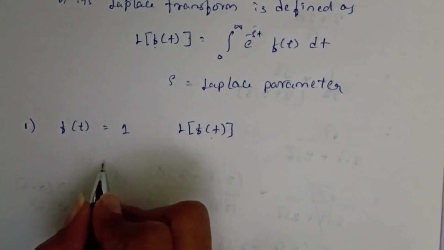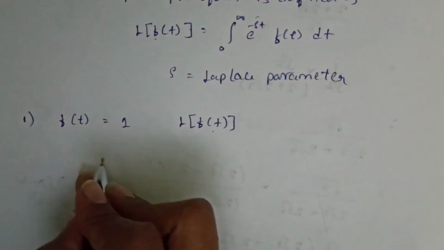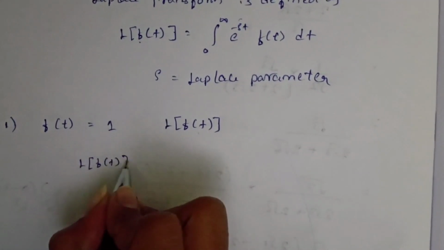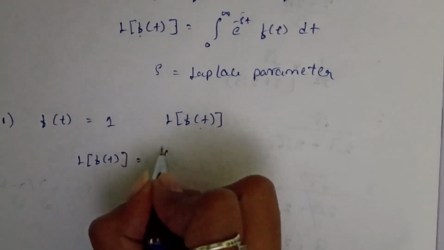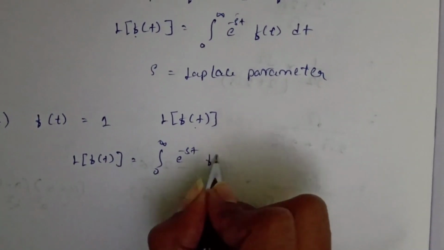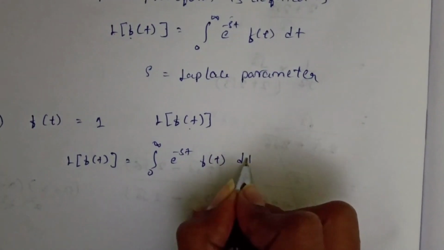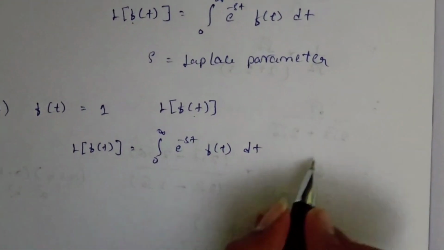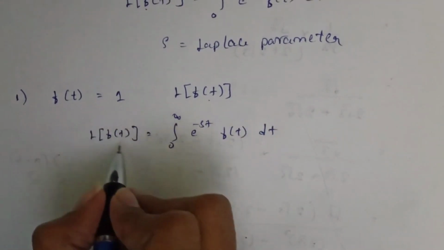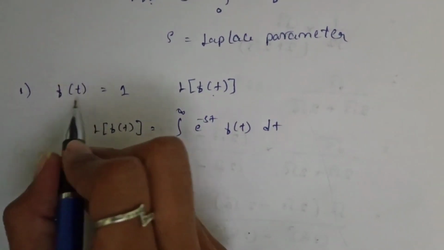So let us substitute this in our formula. The formula is L of f of t is equal to the integration from 0 to infinity of e raised to minus st f of t dt. So this is our formula. The thing we need to do here is substitute 1 wherever you find f of t.